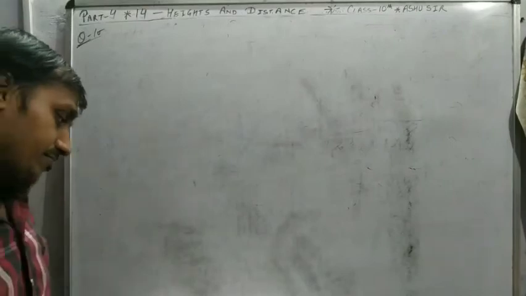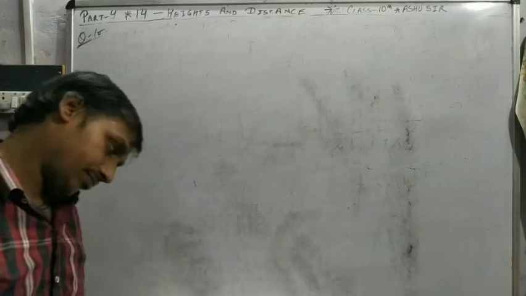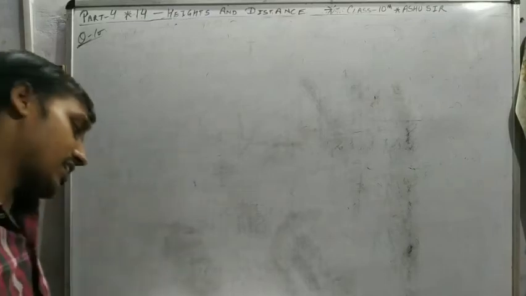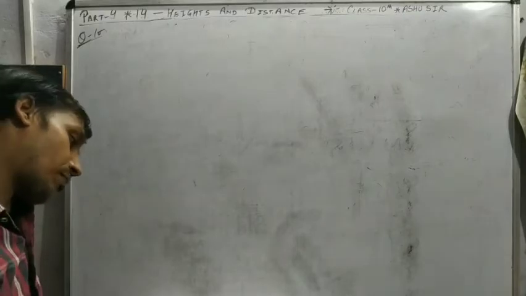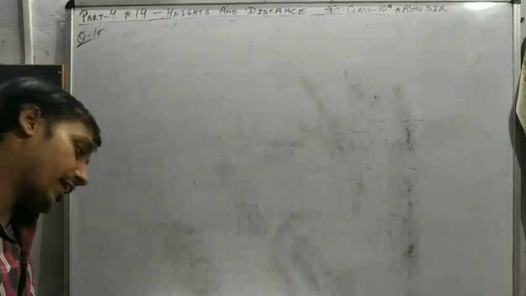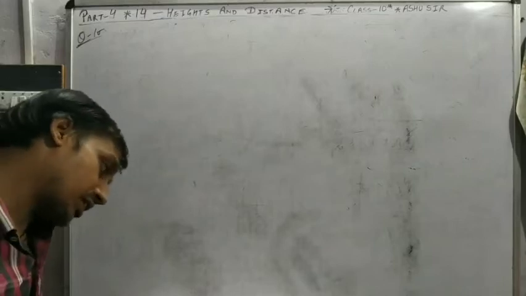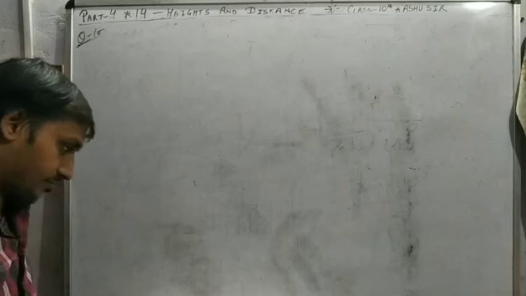The question is, a vertical tower stands on a horizontal plane. A helicopter passes h meter above the tower. At a point on the plane, the angle of elevation of the tower is alpha and that of the helicopter is beta. Prove that the height of the tower is this.